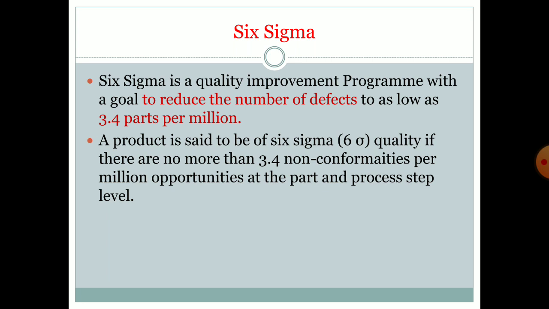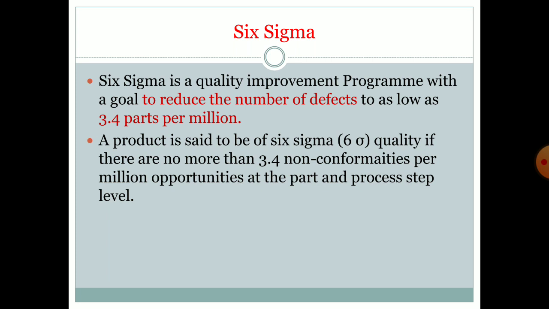If a particular organization is Six Sigma, then it is very much honored, like Motorola and Toyota. These are Six Sigma companies, and it is an honor because their process, their way of operation on the manufacturing front, is very effective. That's why they are Six Sigma.